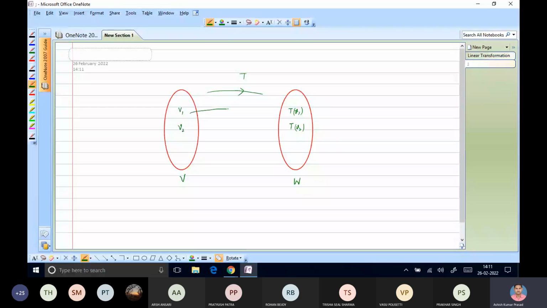So image of V1 is TV1 and image of V2 is TV2.